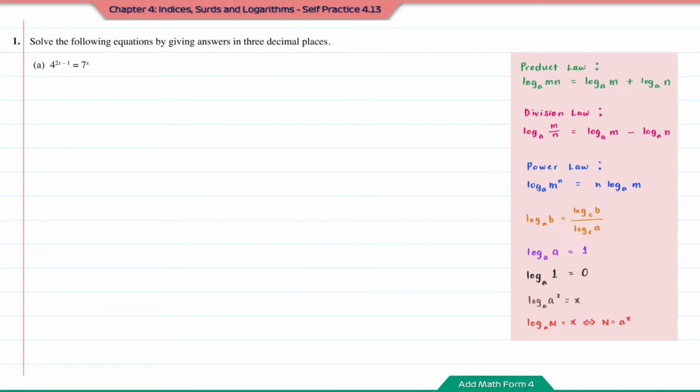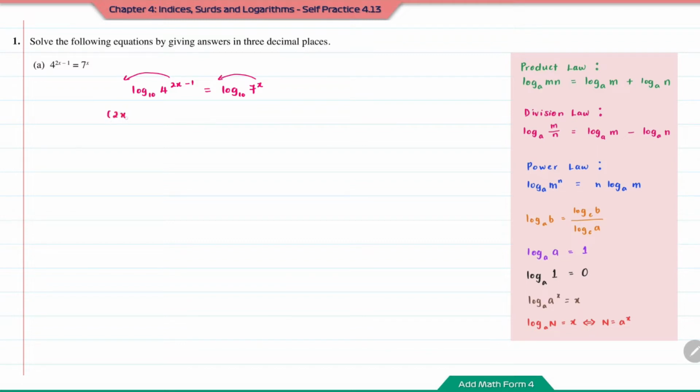First, I'm going to log both sides with log base 10. Here, the value on the left-hand side and the value on the right-hand side will still remain the same. Next, using the power law, I'm going to move the power to the front.